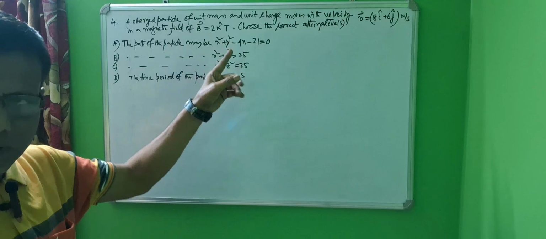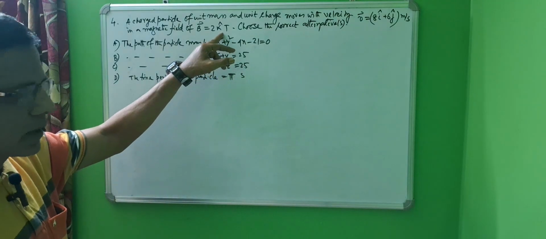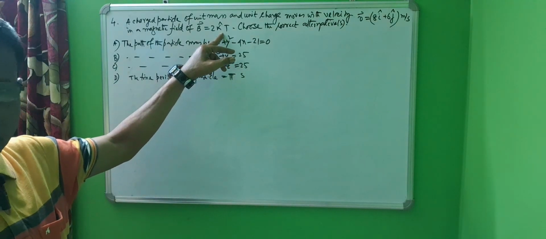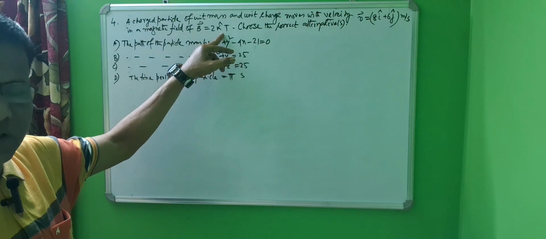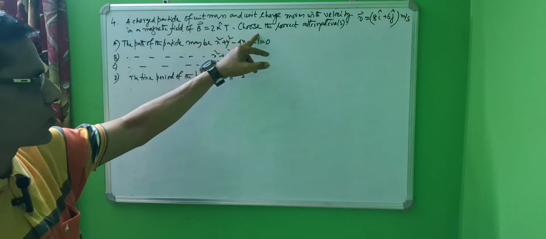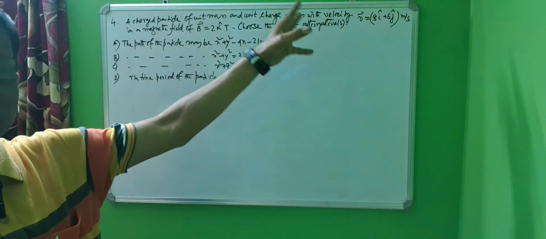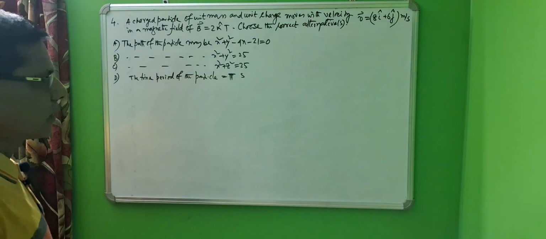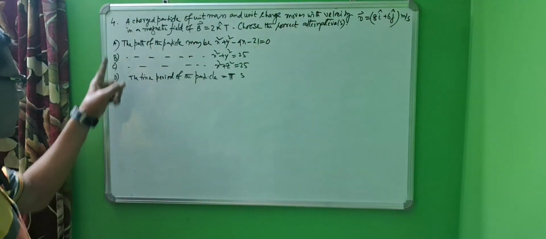K is the unit vector along the z axis and t is the unit of magnetic field in the SI system, which is Tesla. Choose the correct alternative or alternatives if present here. 4 options given.